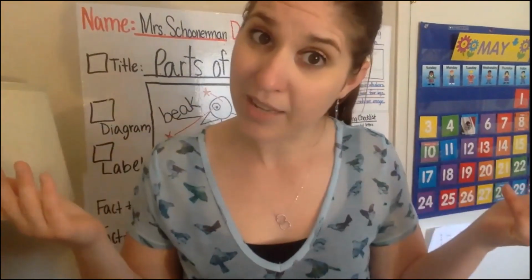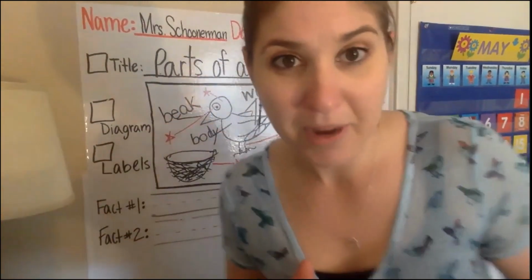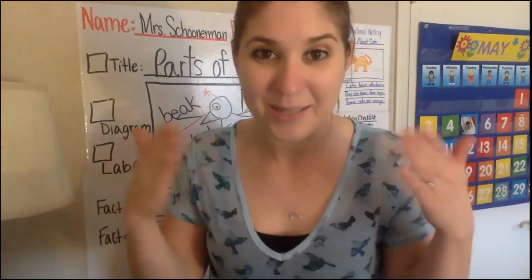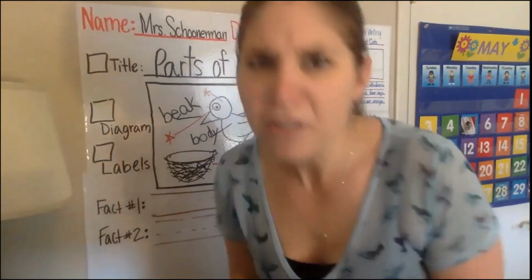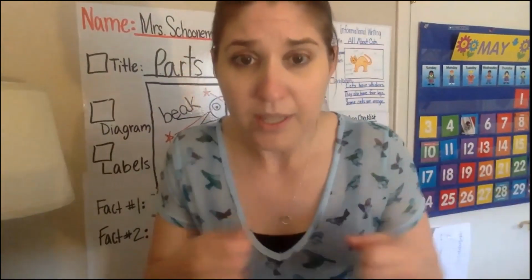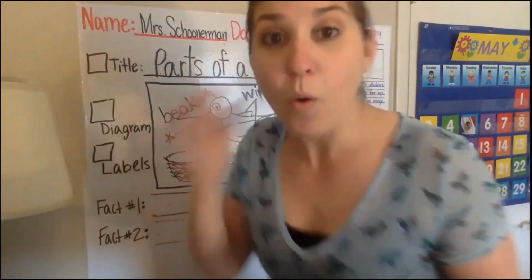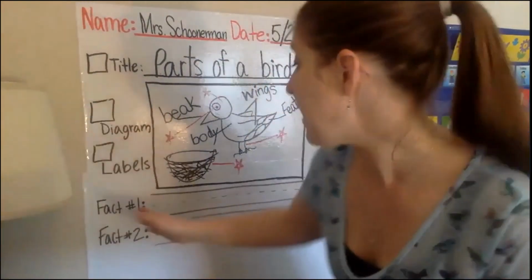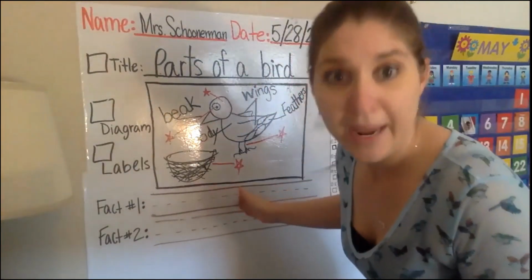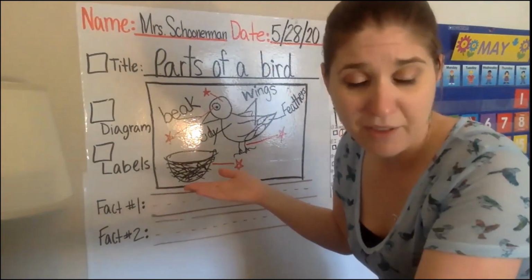We don't have toucans around here in Rochester, but down in South America, there's plenty of toucans where it's nice and warm. We also don't have penguins living outside our door. Those live in the cold climates. So you could say birds live in different climates. Or maybe you could say, I know that a penguin is a bird. You could even write that as your fact.